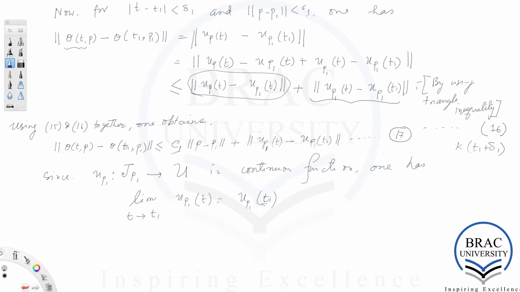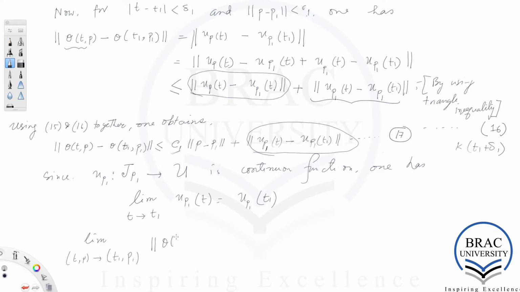Using that fact, we see that this term goes to 0 as t approaches t1, which leads to the following: taking the limit as (t, p) approaches (t1, p1), we must have this less than or equal to 0, which means that it has to be 0 since it's a nonnegative number.